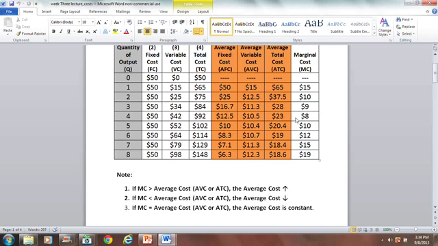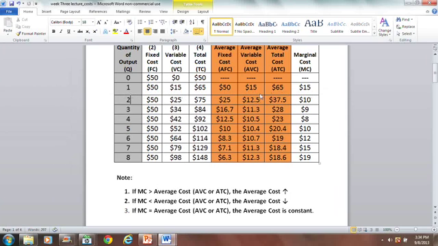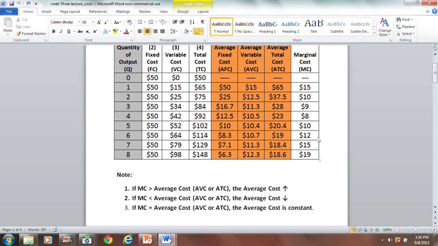Let's take the case where the marginal cost is $10 and the corresponding average variable cost is 12.5. So the marginal cost is less than the average. And when the marginal is less than the average, notice that the subsequent average drops to 11.3. So, just as we said, when the marginal cost is less than the average cost, the average cost will decrease.